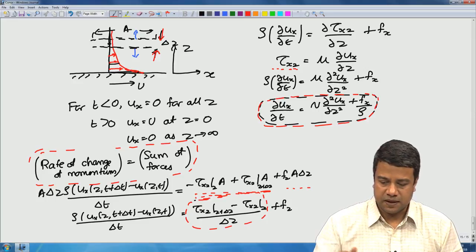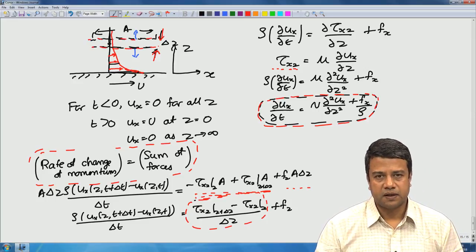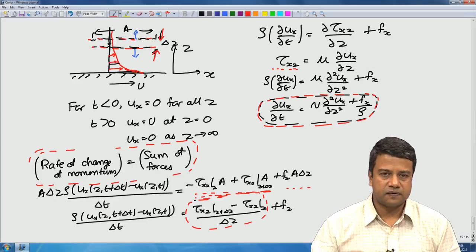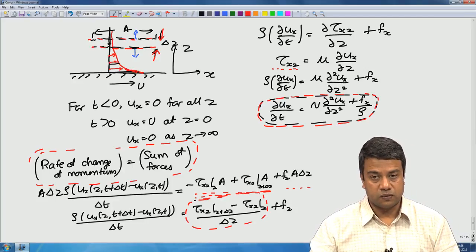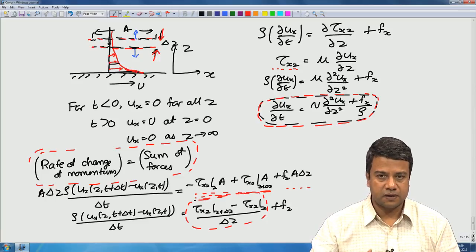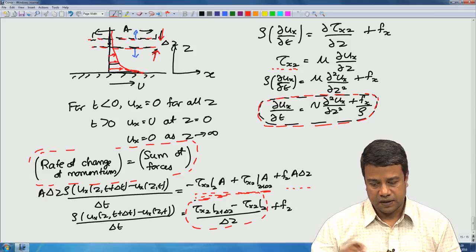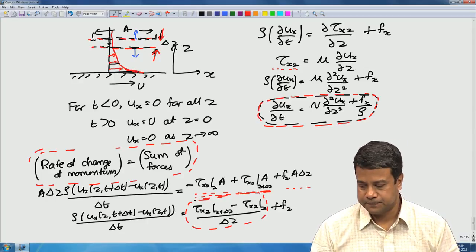This equation was a balance that was done for a particular differential volume within the fluid. Therefore, the form of the equation does not change if you change the configuration. If you had an infinite fluid instead of a semi-infinite fluid, or if you had a fluid between two plates so that it was in a finite domain, this equation was written for an internal volume, and therefore, that is going to remain the same independent of configuration, so long as transport is taking place only in one direction.